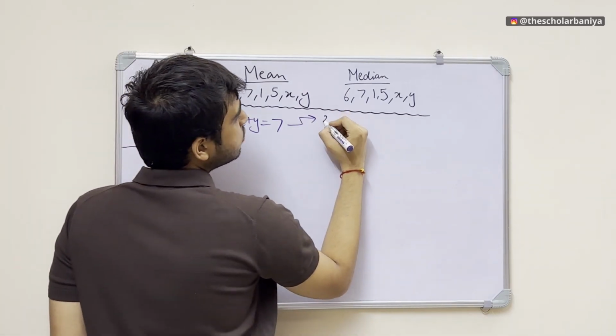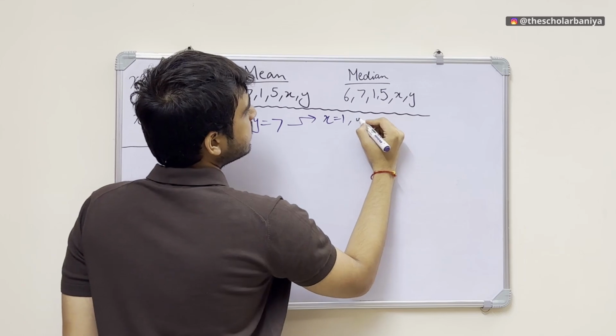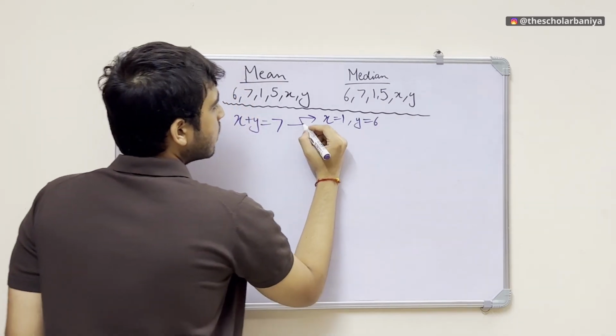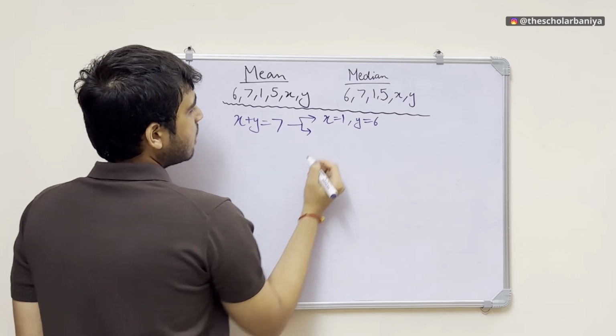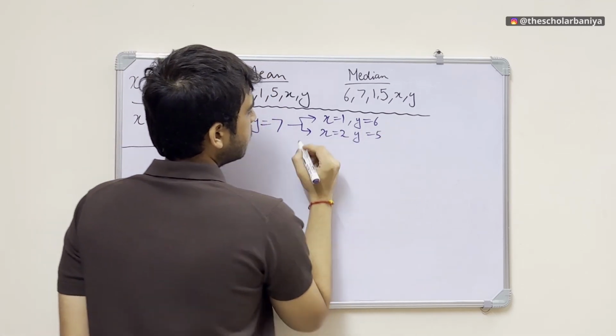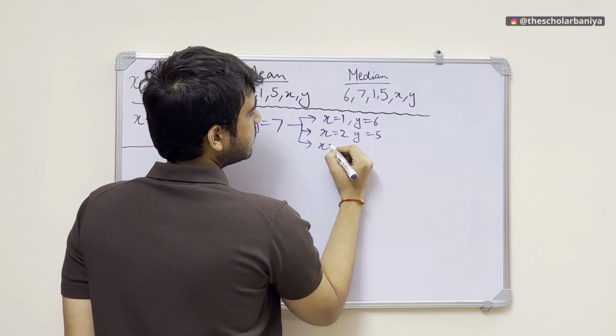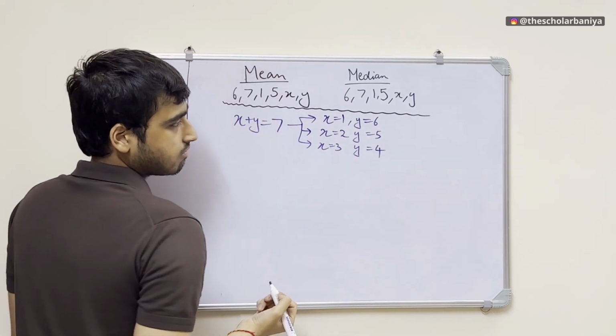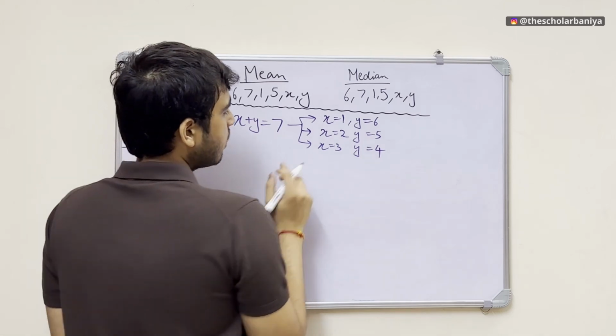Okay. So one possible case is that x is equal to 1, y is equal to 6, right? The other possibility is x is equal to 2, y is equal to 5, right? The other possibility is x is equal to 3, y is equal to 4, right?